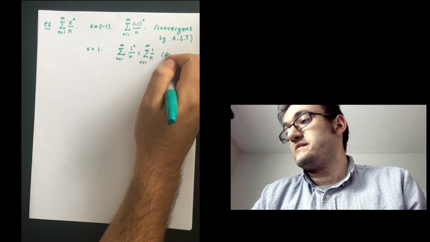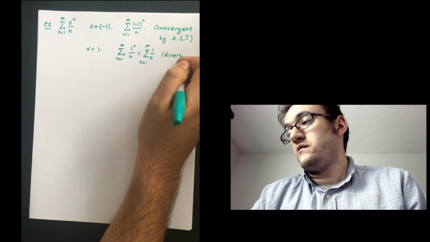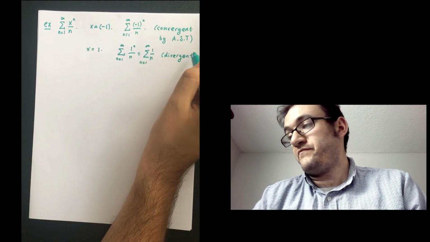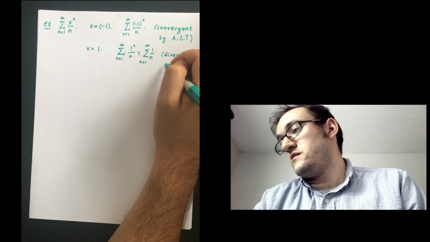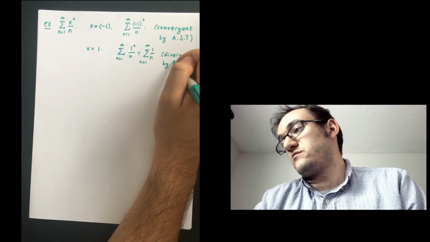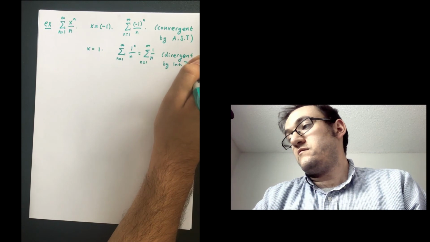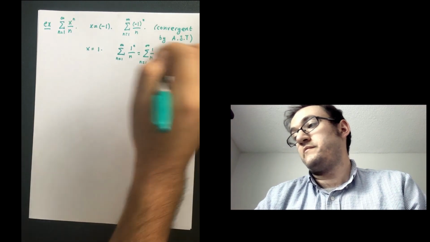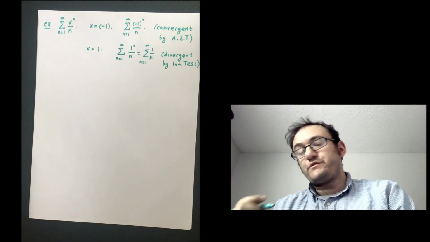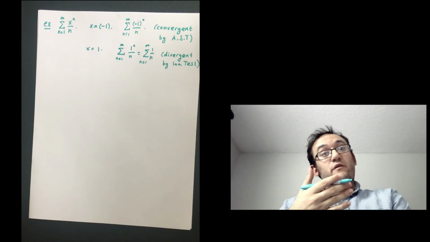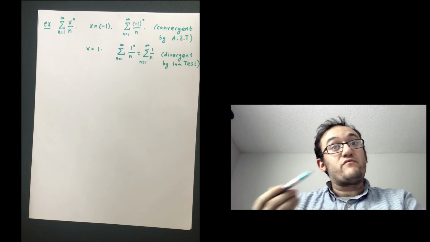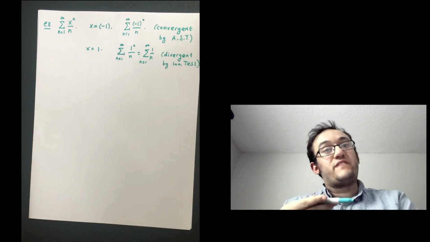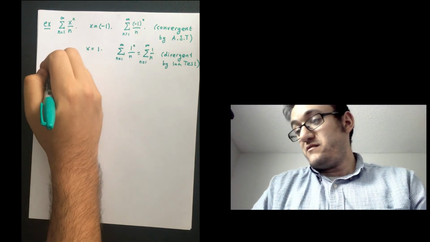And we know this is divergent, let's say by integral test. So when we're looking at a power series as a function of x, for some values of x, it'll be a convergent power series, and we can talk about the value of that series. But for some values of x, it's going to be divergent.